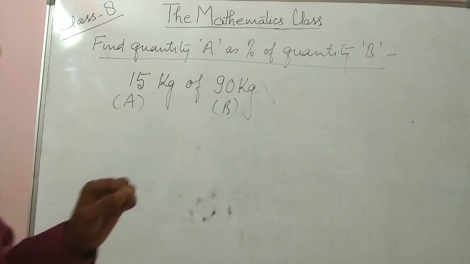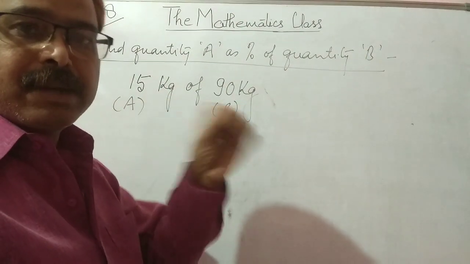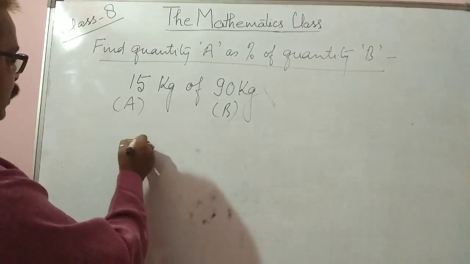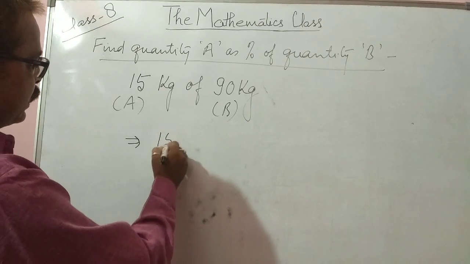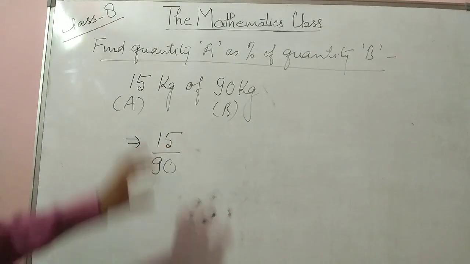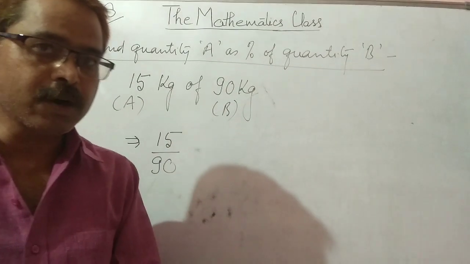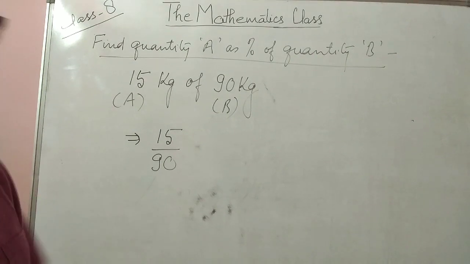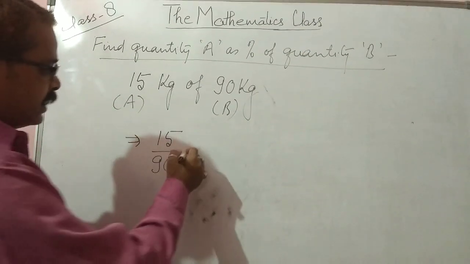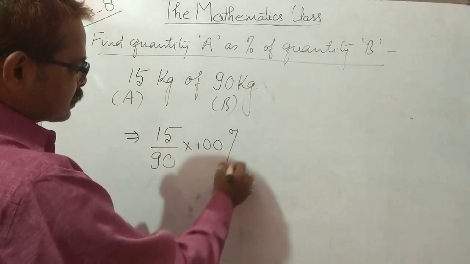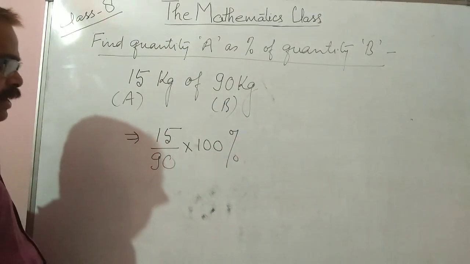First thing to remember, we will write them in the form of fractions. So this can be written as 15 upon 90. Now this is already in the form of a fraction, and you have to convert it into a percentage. As we have just studied, we multiply it by 100 and place a percentage sign.